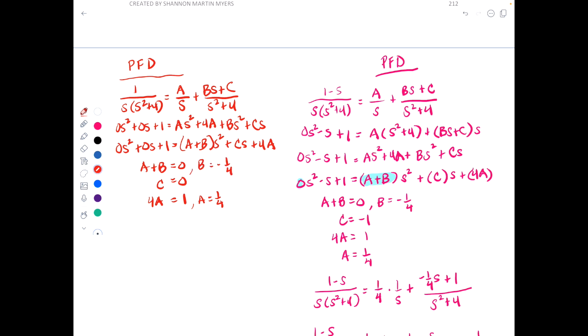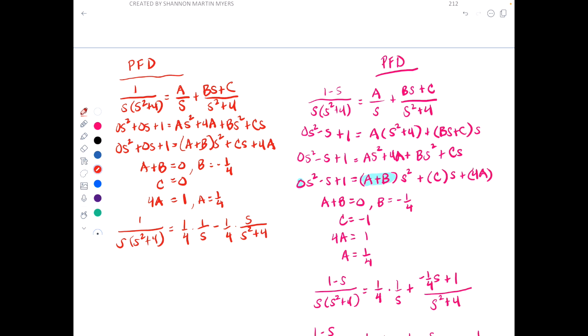And so 1 over S times S squared plus 4 is equal to 1/4 times 1 over S minus 1/4 times S over S squared plus 4.